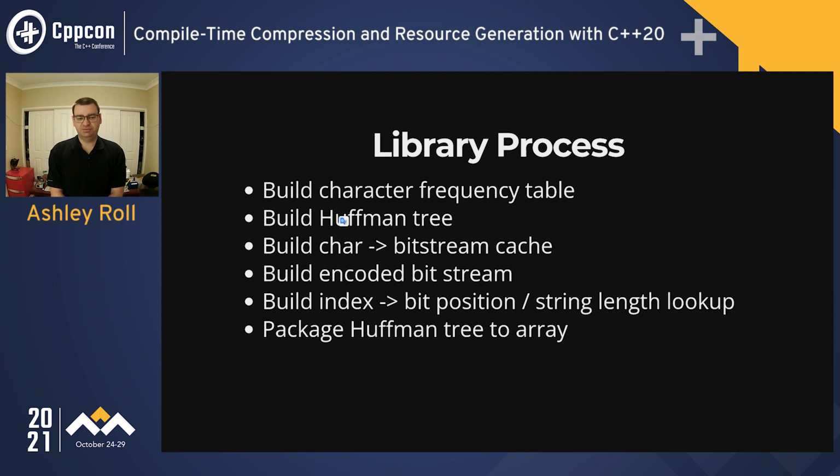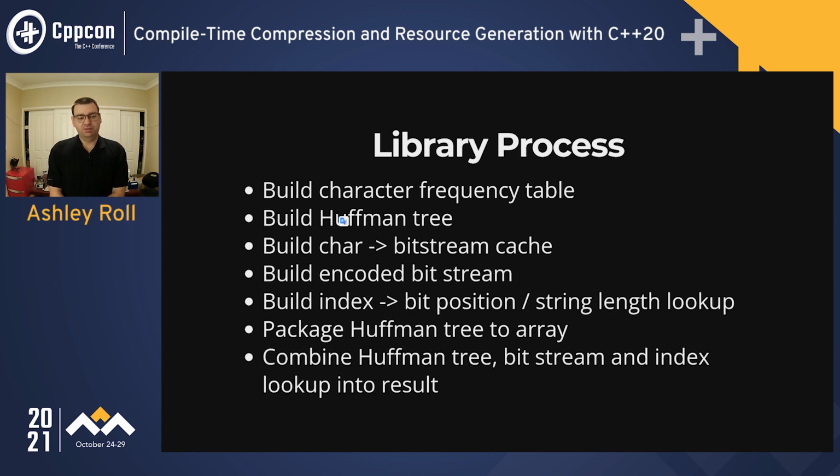I use a breadth first walk of that tree to allocate the nodes into an array, and there are indexes in those entries to refer up and down the tree. And we combine all that data together, the Huffman tree, the bit stream, and the index data, into our table representation. And then if we were doing the map, we package that again inside the map to provide the augmented data to map a user supplied type, i.e. an enum, into an index.